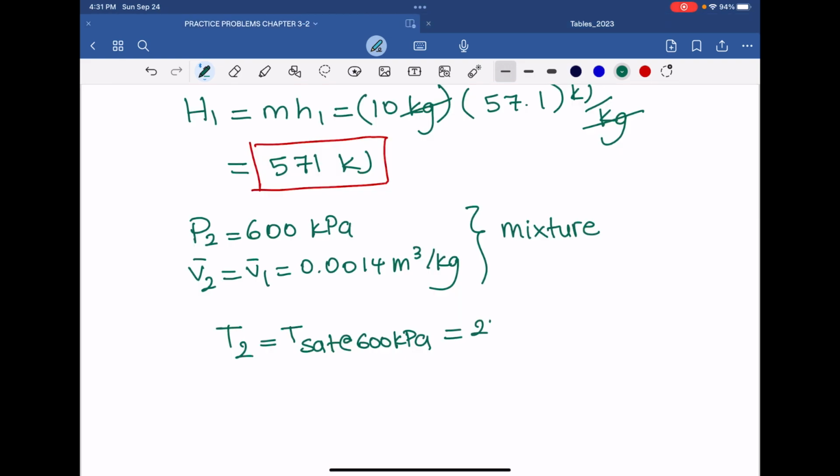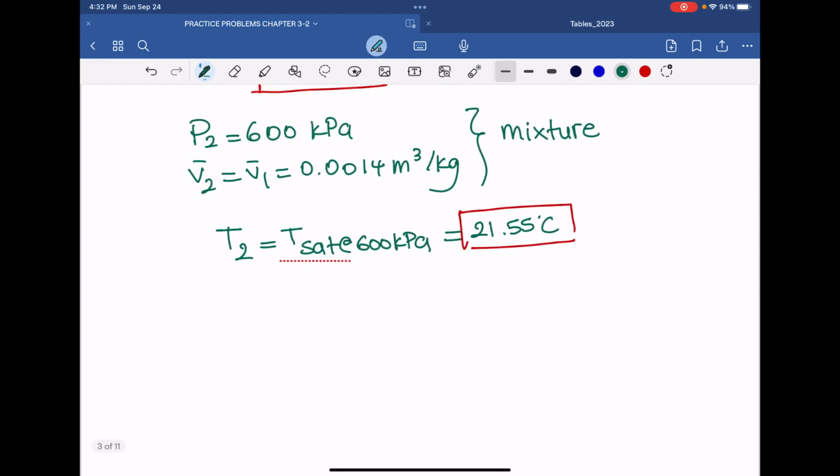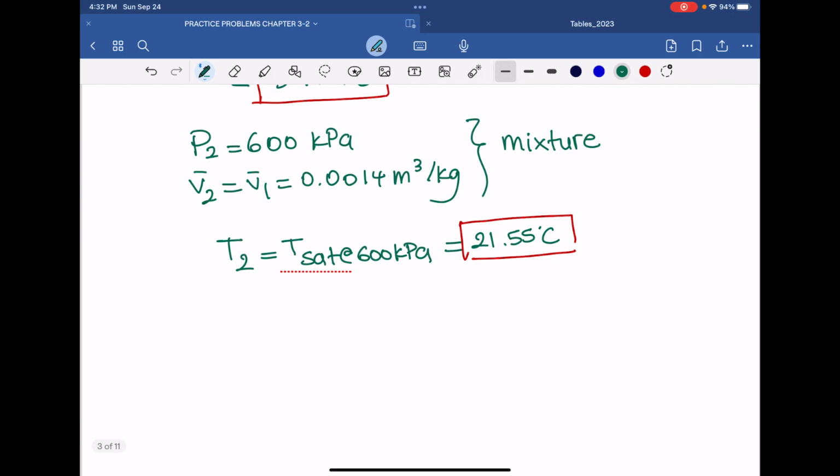21.55 for you to experience a phase change, basically boiling, right? So this has to be your temperature. We found this. Now to be able to figure out the enthalpy, we again need to do calculations here, starting from calculating the quality.